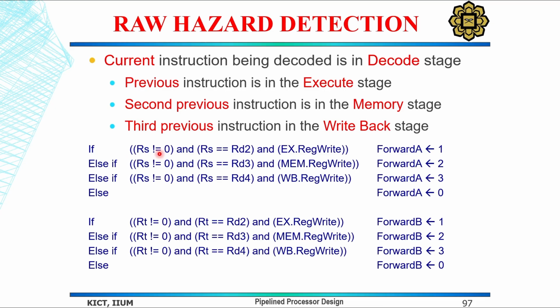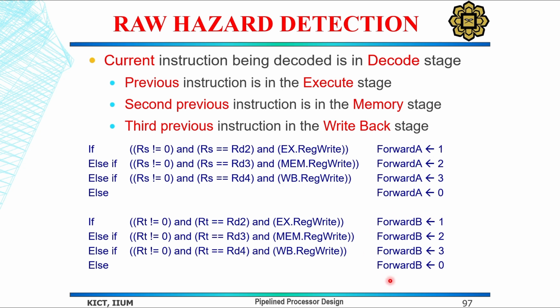If RS is not equal to 0 and RS equals RD, and it is in the register write situation, it shows at which stage, what the value of forward A and forward B should be.